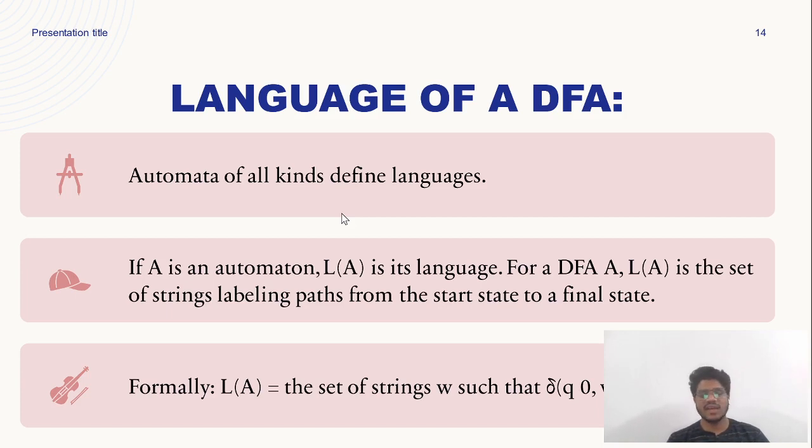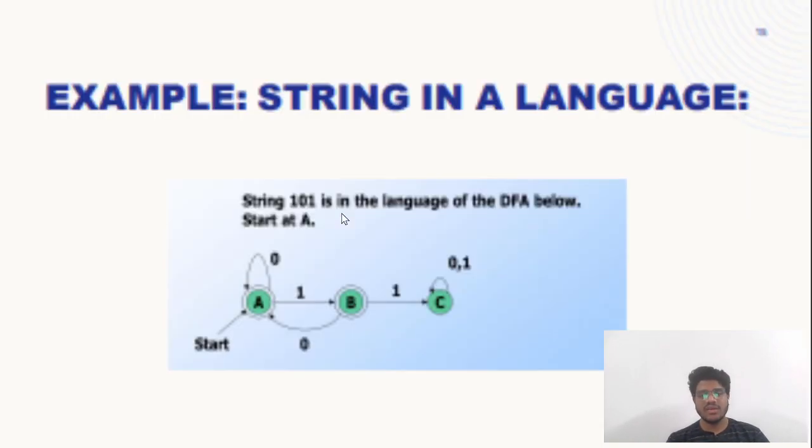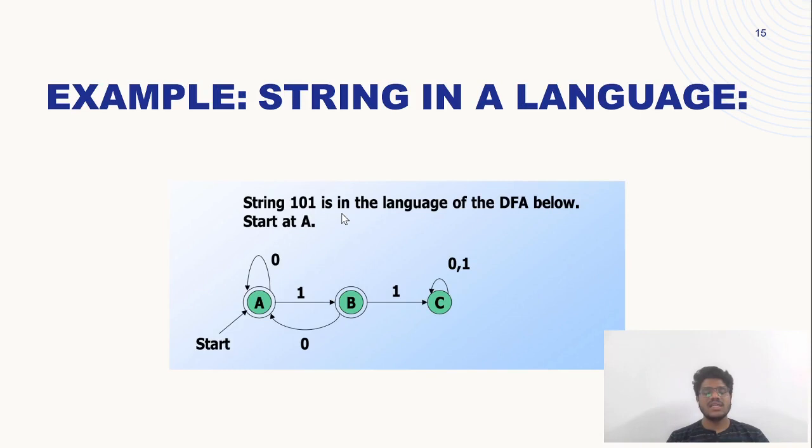These are the languages of a DFA. For example, the string 101 is in the language of the DFA starting from A below. We can see from this figure that A is the starting point, B is in the middle part of the DFA, and C is the ending point.